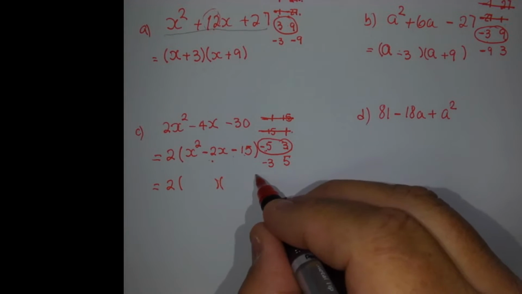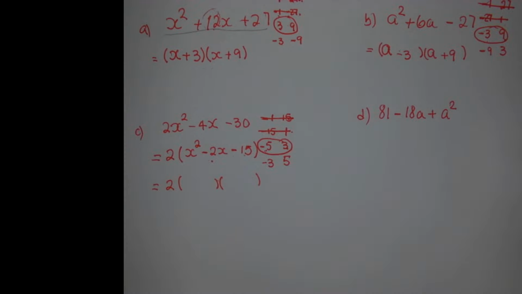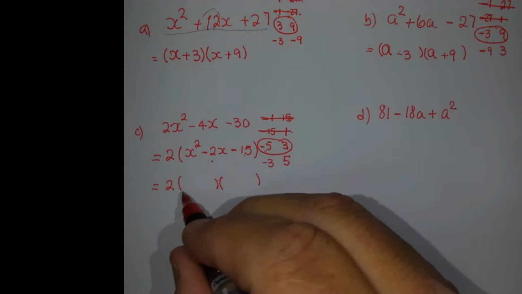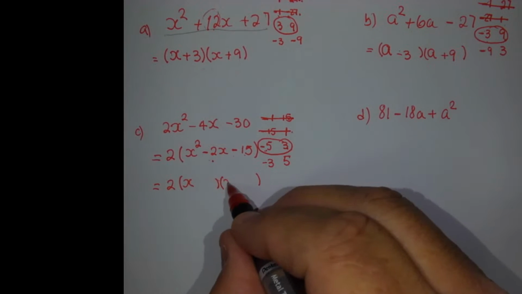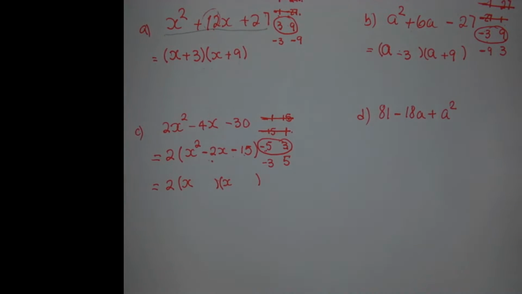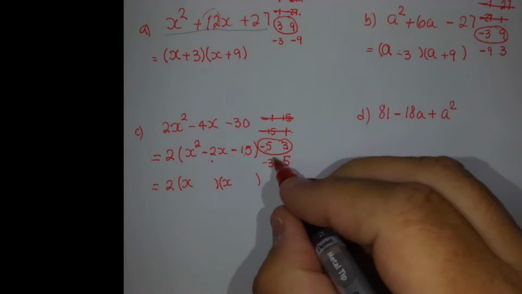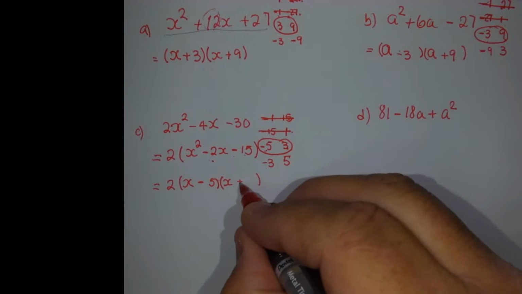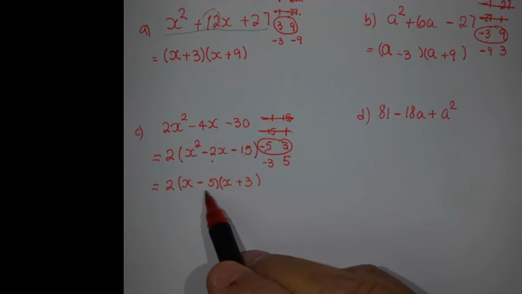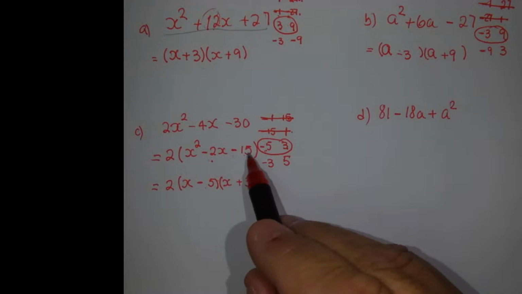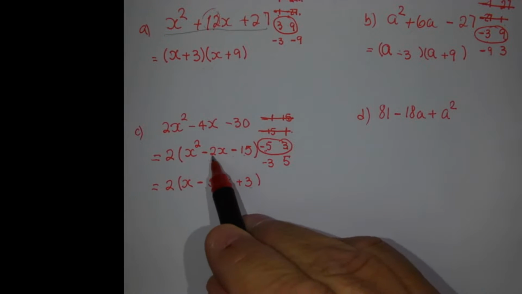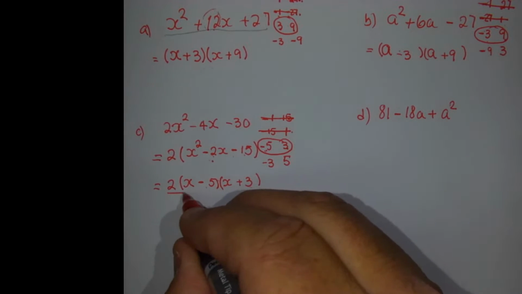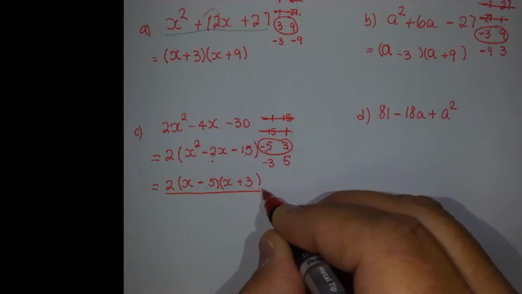Remember how we factorize trinomials: the variable, x here and x there, because I want the coefficient of the square term to be 1. Then I use those two values, minus 5 here and plus 3 over there. Again I double check that minus 5 times 3 is minus 15, and minus 5 plus 3 is negative 2, so that means that I have factorized the expression completely.